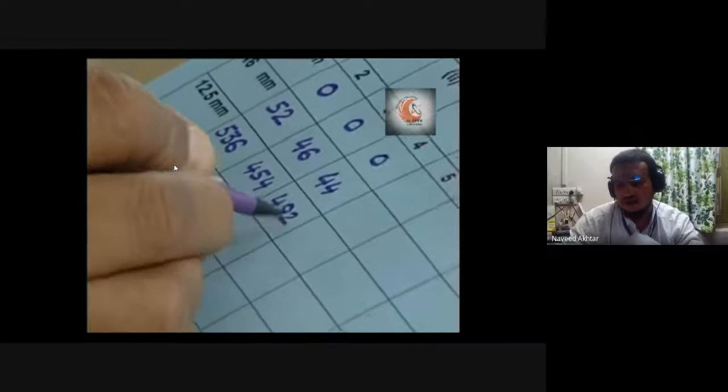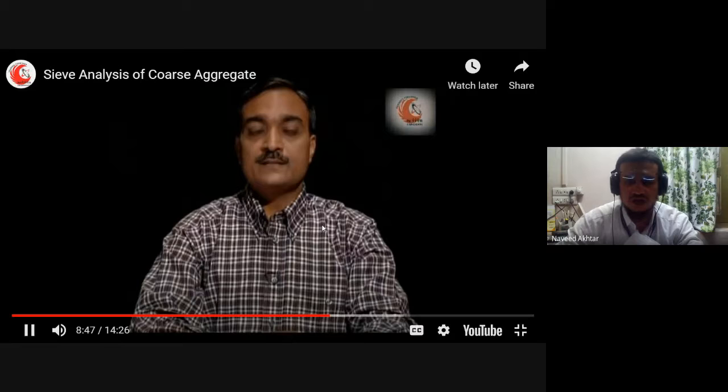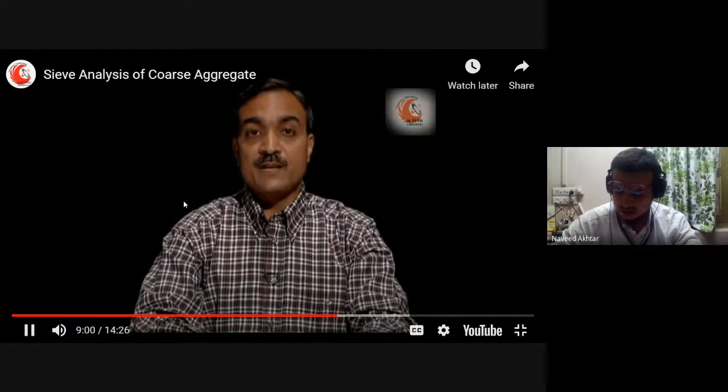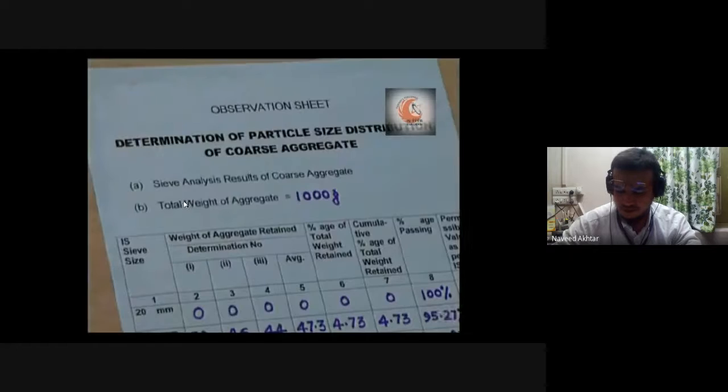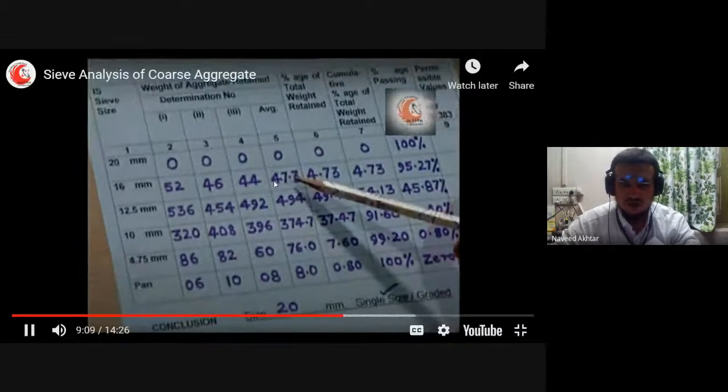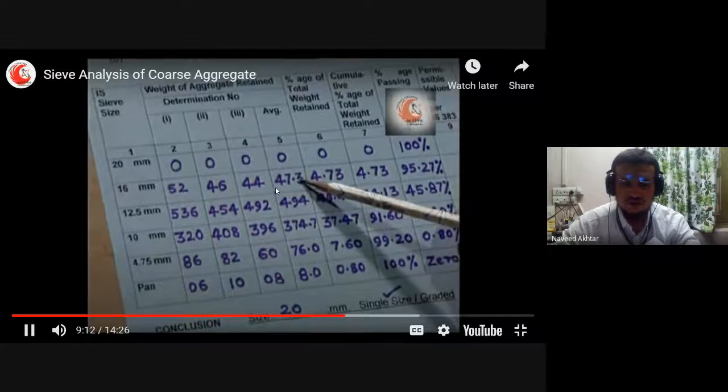This is repeated for the two other samples, with the same procedure. Then from the observed values, you have to find the average of all the values for the three samples.